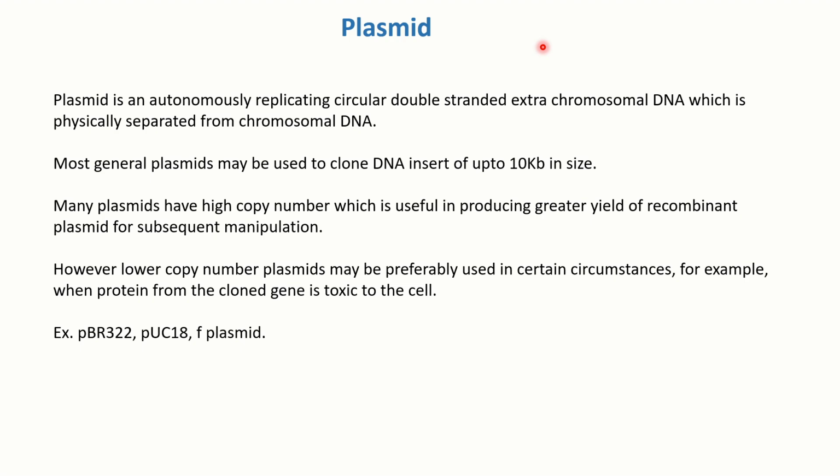High copy number plasmids should not be used for protein expression because they impose a huge metabolic burden on the cell, and for that reason most of the protein will go to inclusion bodies, and it is very difficult to purify the protein or to solubilize the inclusion body in order to get our protein in solubilized form. Examples of plasmids are pBR322, pUC18, etc.